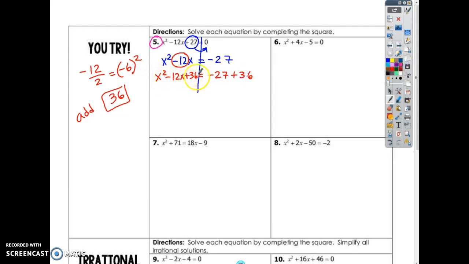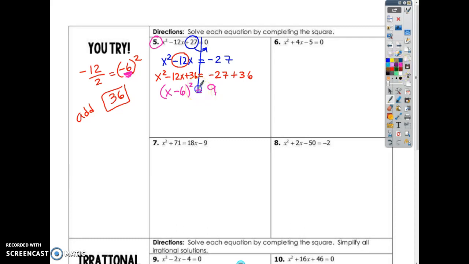So do the perfect square of this one. Two numbers that multiply and give you 36 and add to give you negative 12 is going to be this middle number, the negative 6. So it's x minus 6 squared equals, what's negative 27 plus 36? Positive 9? Positive 9.